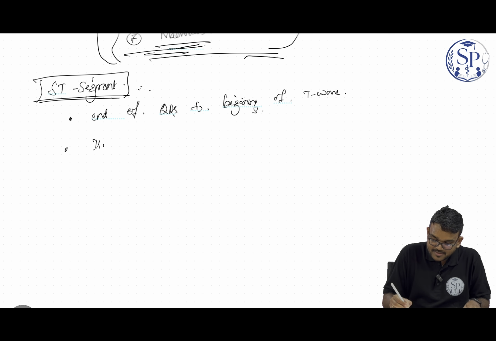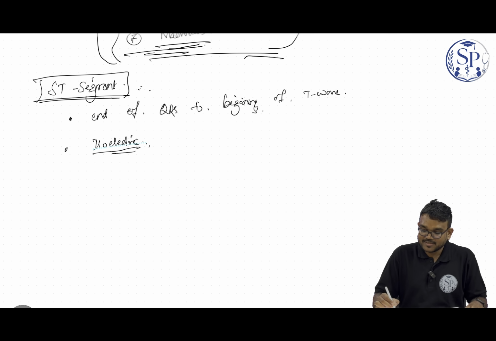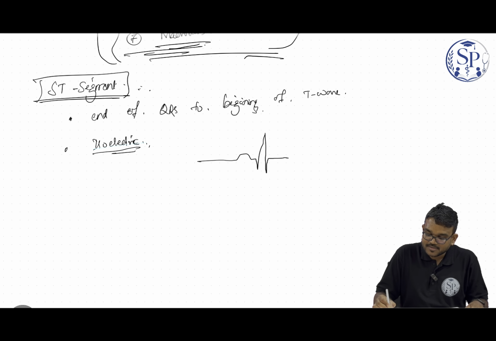It is always isoelectric. Suppose this is the P wave, then the QRS complex, then the T wave. The ST segment is always level with the baseline, so it is always isoelectric.